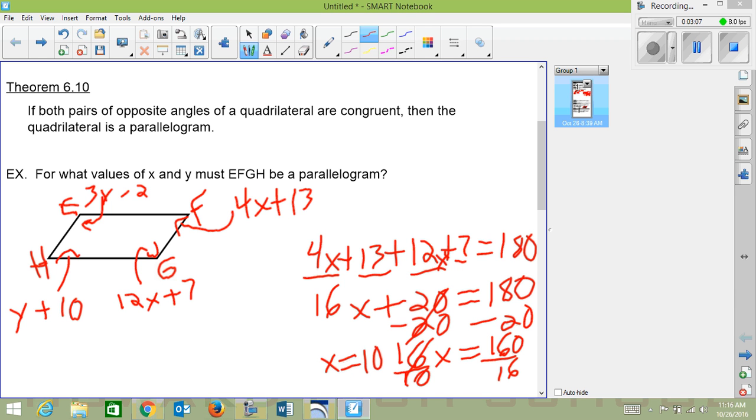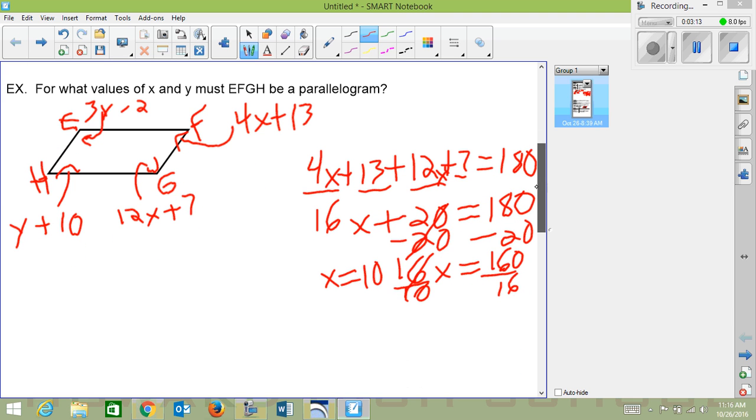Then we also need to solve for y. We're going to do that by using this angle and this angle, because they are consecutive angles, and consecutive angles have to add up to 180. So y plus 10 plus 3y minus 2 equals 180. Combine your like terms. y plus 3y is 4y.